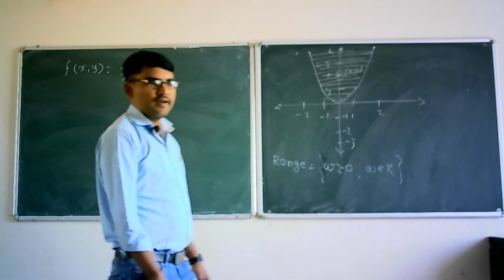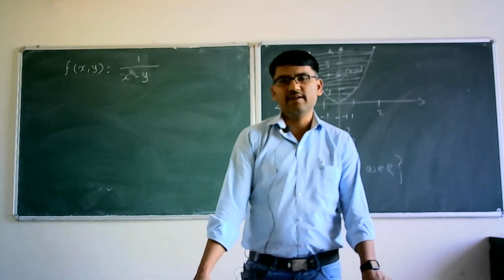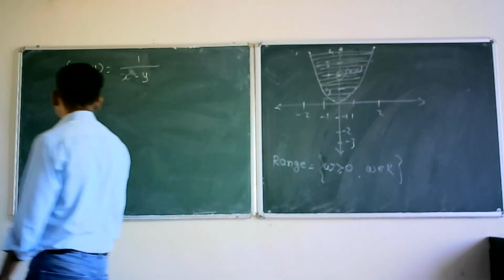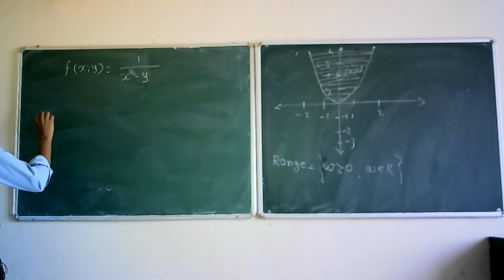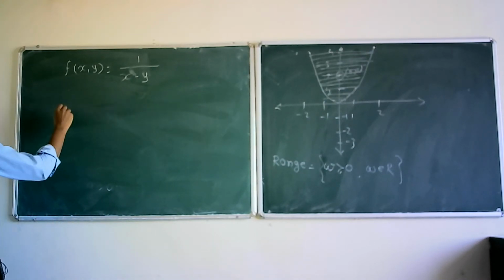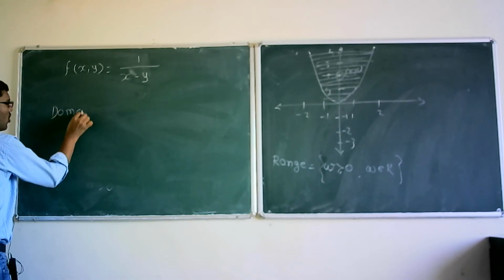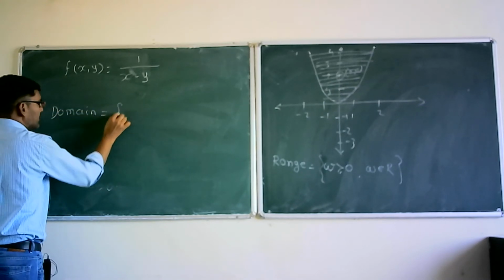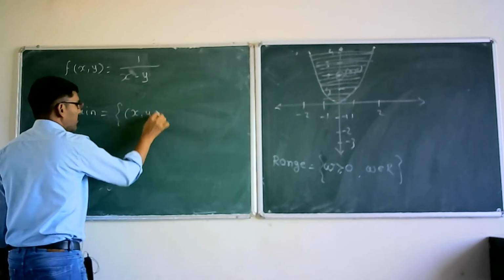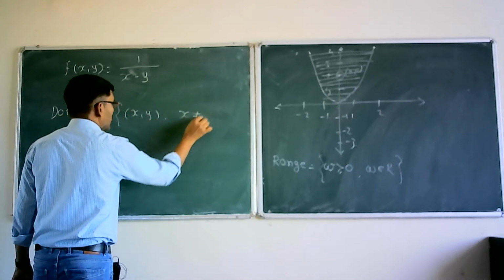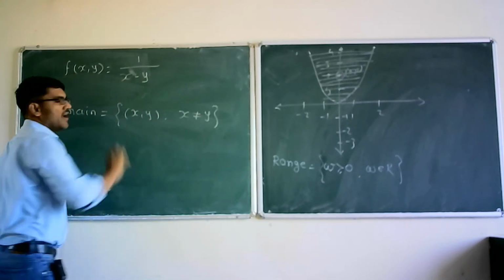So what is the domain and range? If you observe here, domain is the collection of all... ये function कुठे define नहीं है? This function is not defined where x is equal to y. जर x is equal to y, तो ये function define नहीं है.